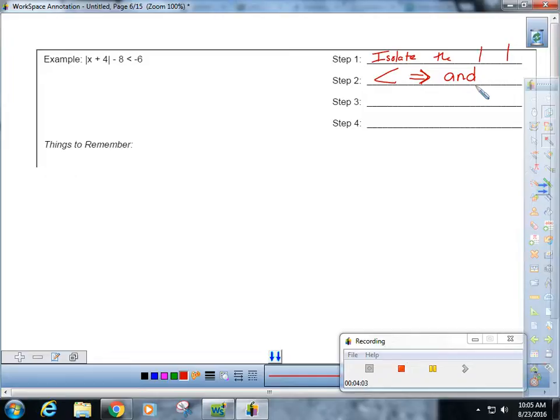Okay? So what you want to do in step 3 is make it less than the number and greater than the opposite of that number. And now step 4 is solve them both.